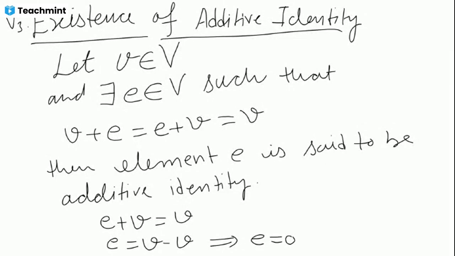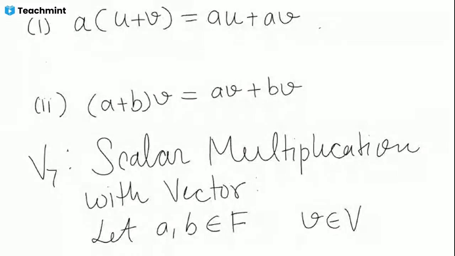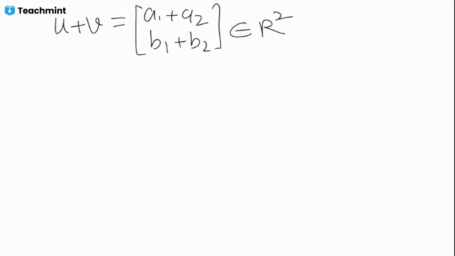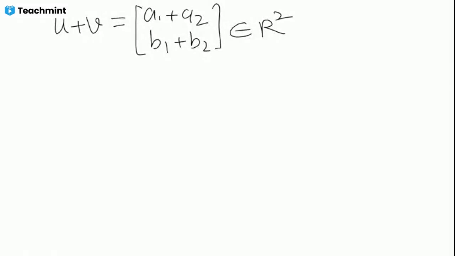Okay, so let us do one by one. My mistake, just write here. First, closure property or closure axiom. Here you need to write, hence closure axiom is verified.